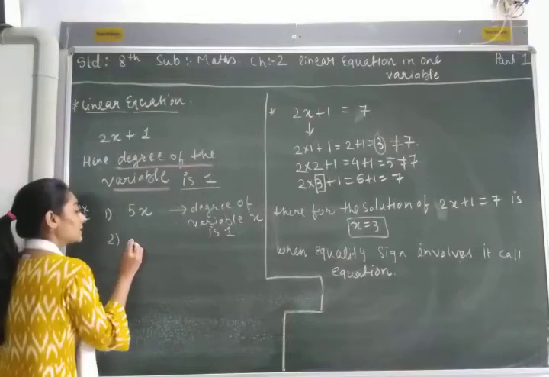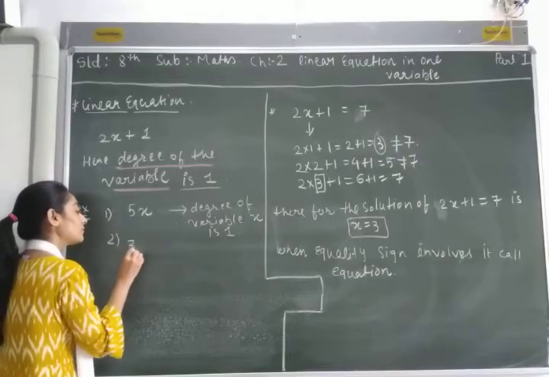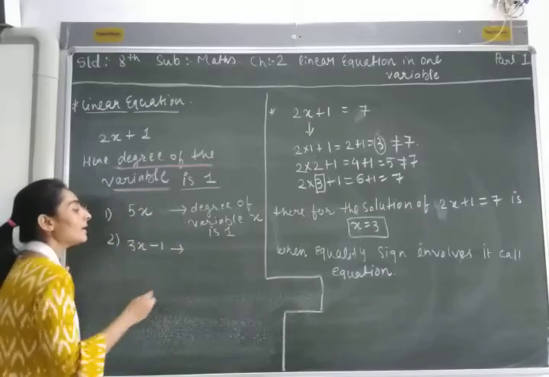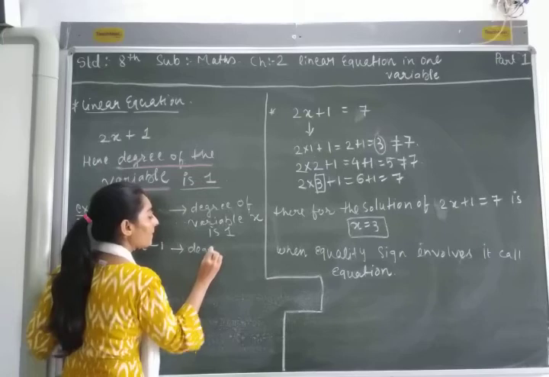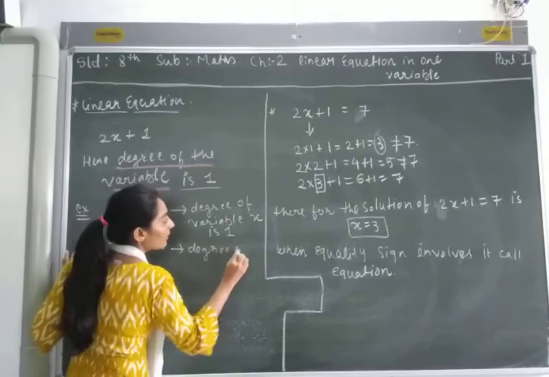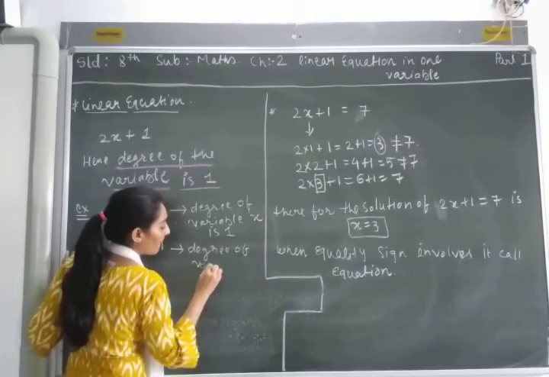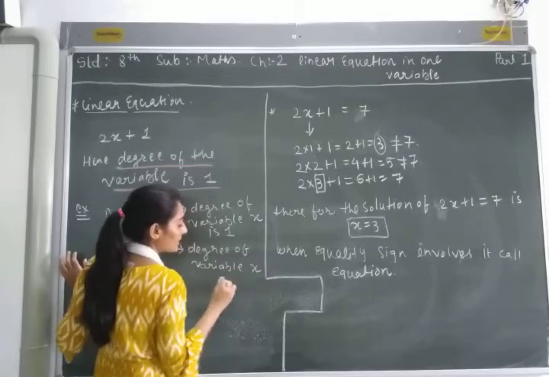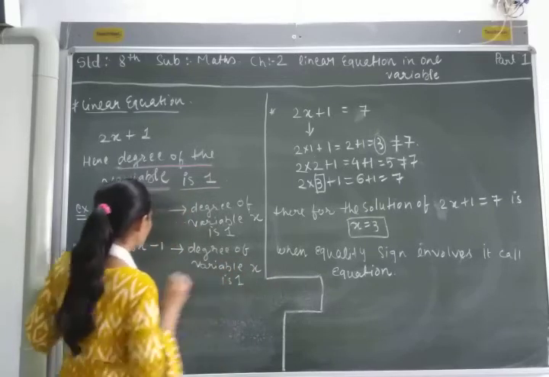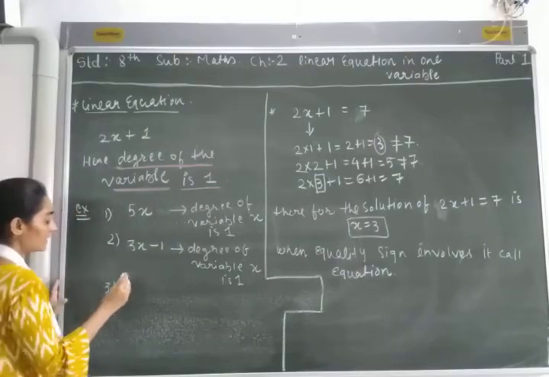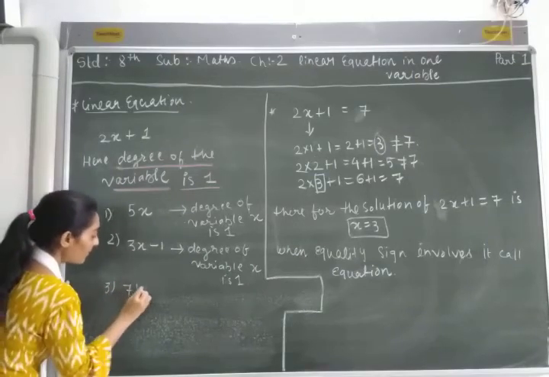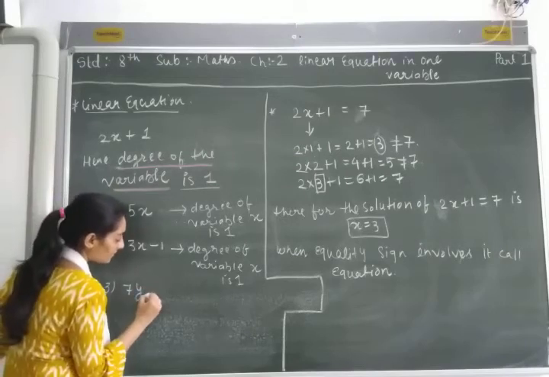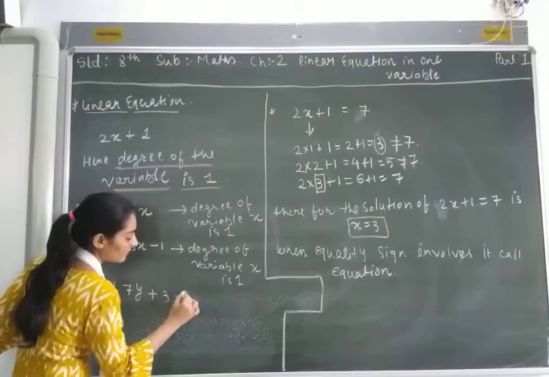Now take 3x minus 1. Again the degree of variable x is 1. Let's say 7y plus 3.